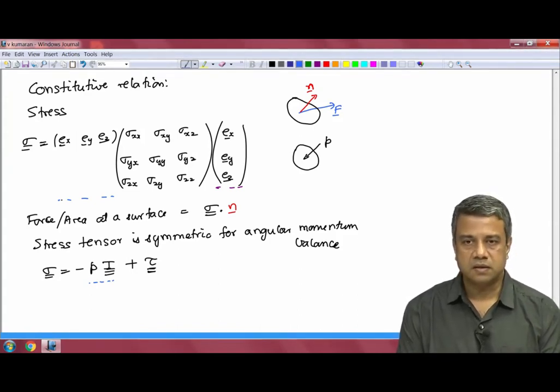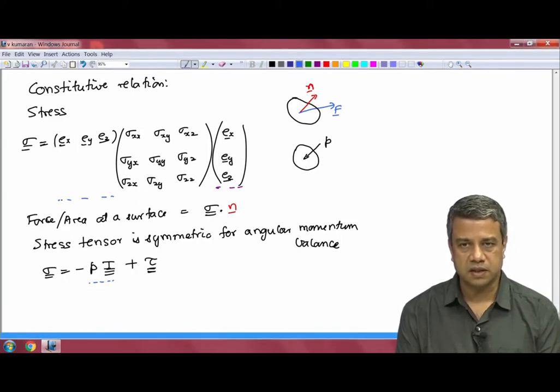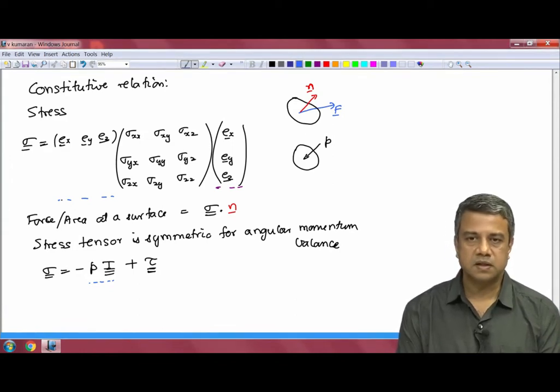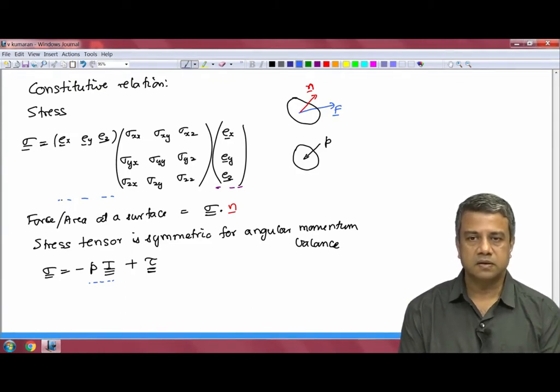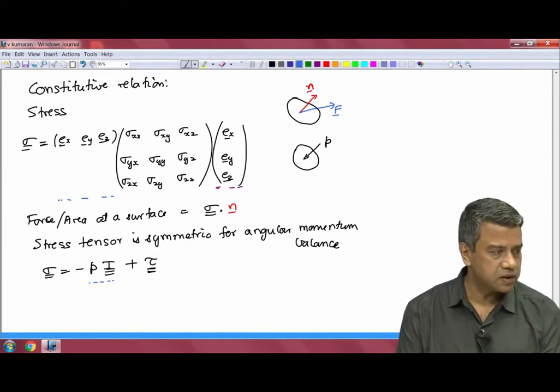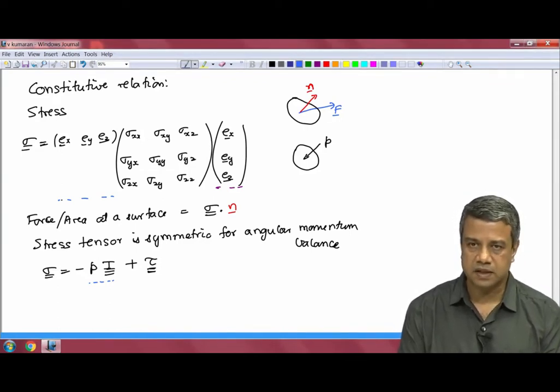The stress due to velocity variations has to necessarily be due to the gradients in the velocity. The reason is that if there is a constant velocity for the entire medium, there is no relative deformation between nearby points. Therefore, there can be no internal stresses generated due to a constant velocity. Therefore, the stress has to be related to the gradients in the velocity.